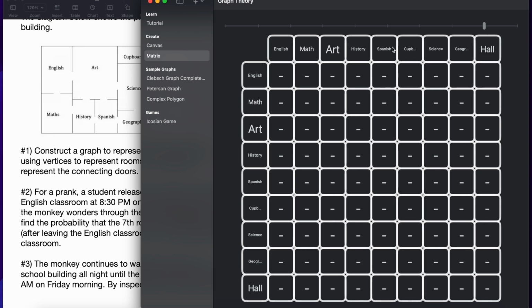Okay, so now the outline of my transition matrix is complete. I have in the same order, so the first row and the first column both correspond to the English room, and so on for the rest of the layout.